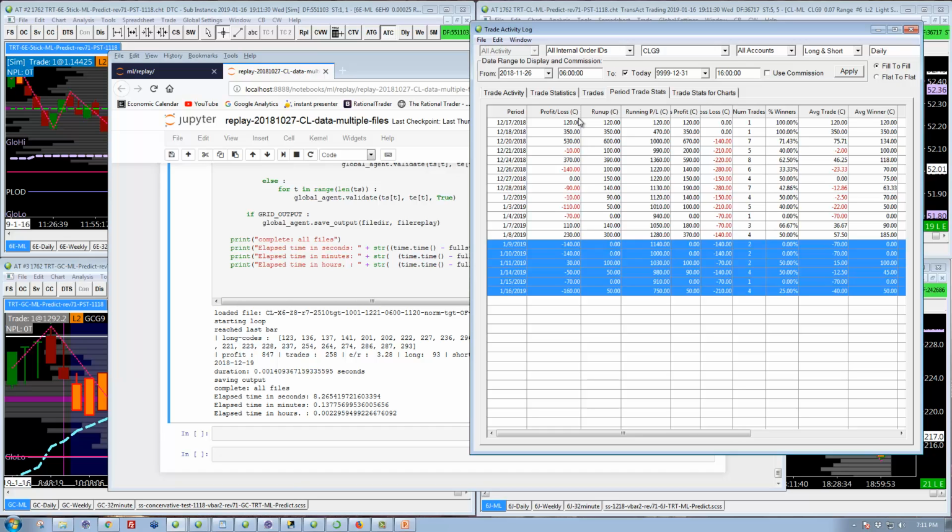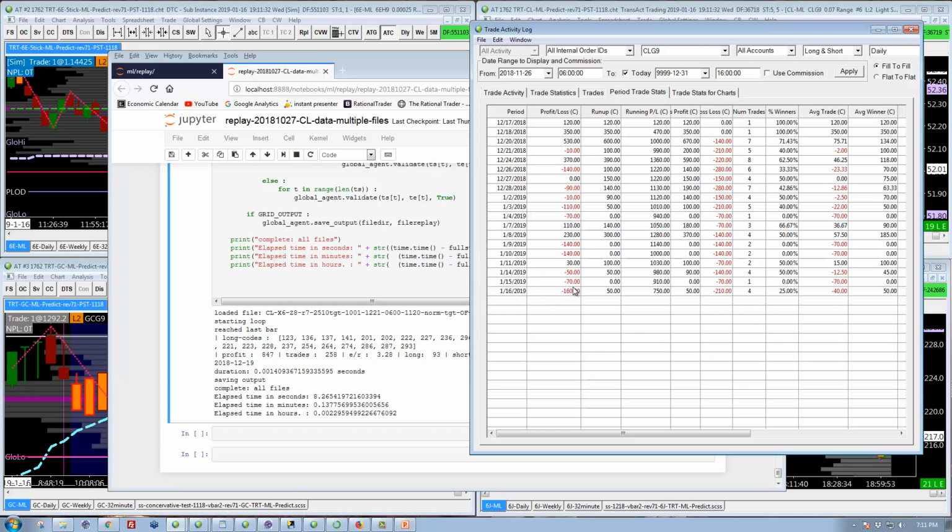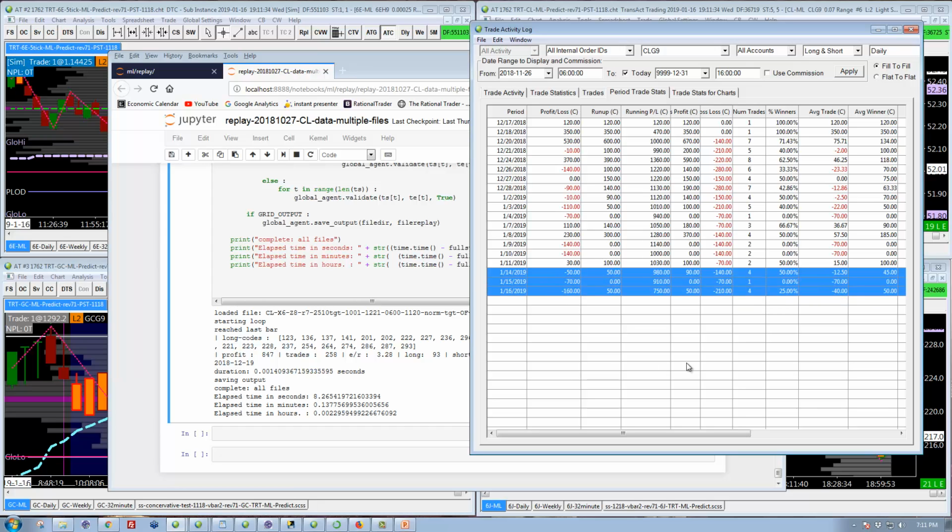All right, so where do we stand here for the week? 160 plus 122, down 280. And we'll see what tomorrow brings. Depending on the size of your account, you may have hit your weekly loss limit and you're done.